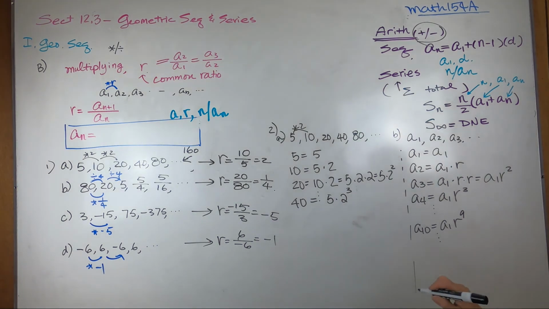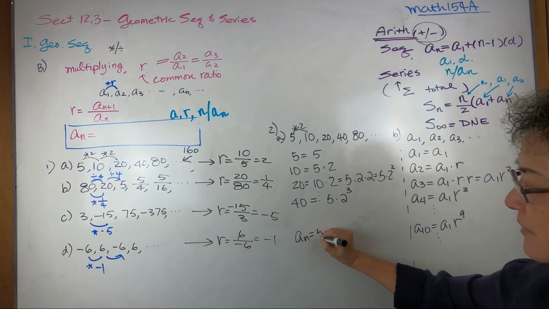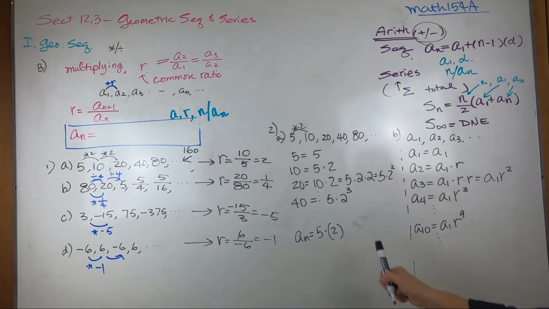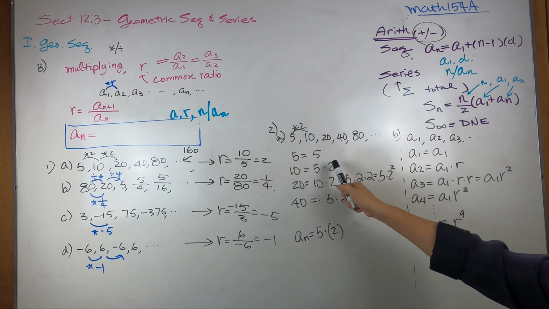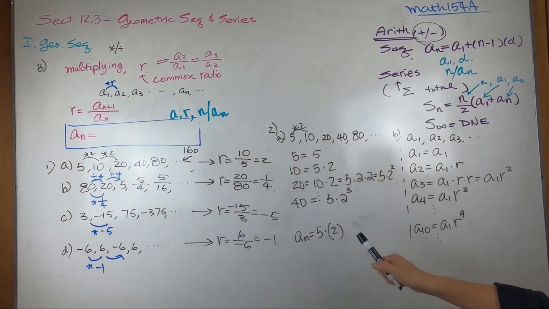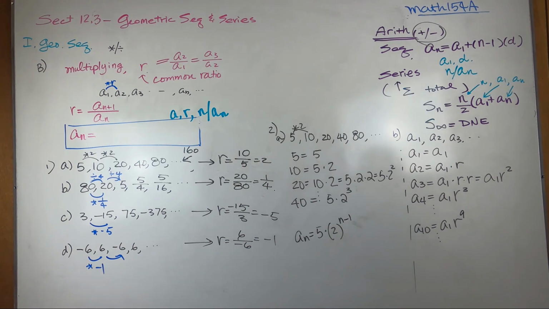So what do we have? Same thing here. If we have AN, we use 5 times 2 to the how many times? The second one is 1 time, the third one twice, and the fourth one 3 times. So it is 1 time less, so it's n minus 1, right?